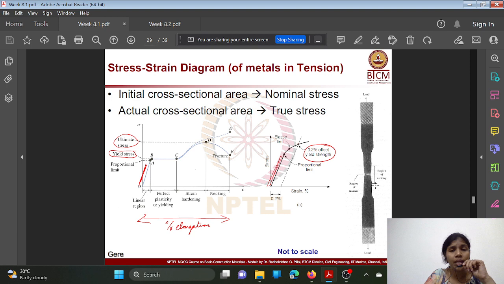That means there will be a reduction of diameter, thereby a reduction of area of the bar. So here if you calculate the stress, it is known as true stress, and this is the proportional limit region or elastic region, where you can find the elastic modulus, and this is the yield stress, and this is the ultimate strength. Okay.